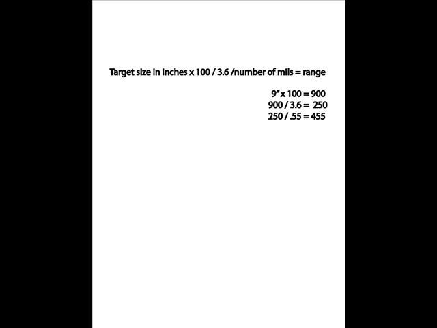By using the formula, we get 455. That's really, really close. Now, we would have been off quite a bit if we would have used 0.6. But when you're starting to deal with smaller targets, you have to be really, really precise in your measurement of their size along your mil-dot reticle.